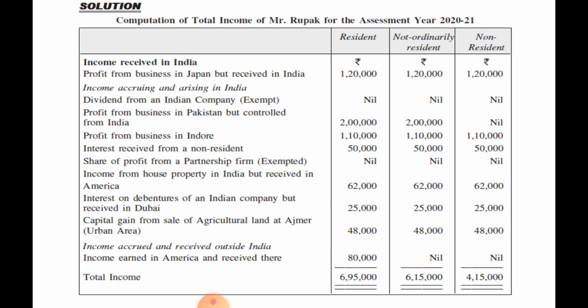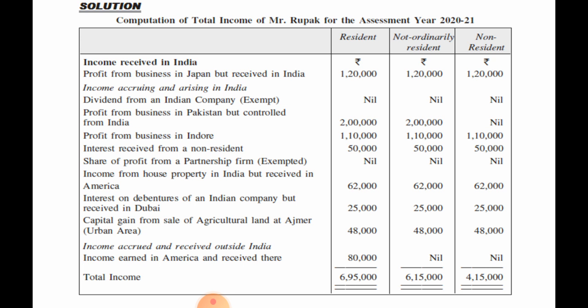The amount is rupees 2 lakhs, and this 2 lakhs will be taxable if he is resident as well as not ordinarily resident.